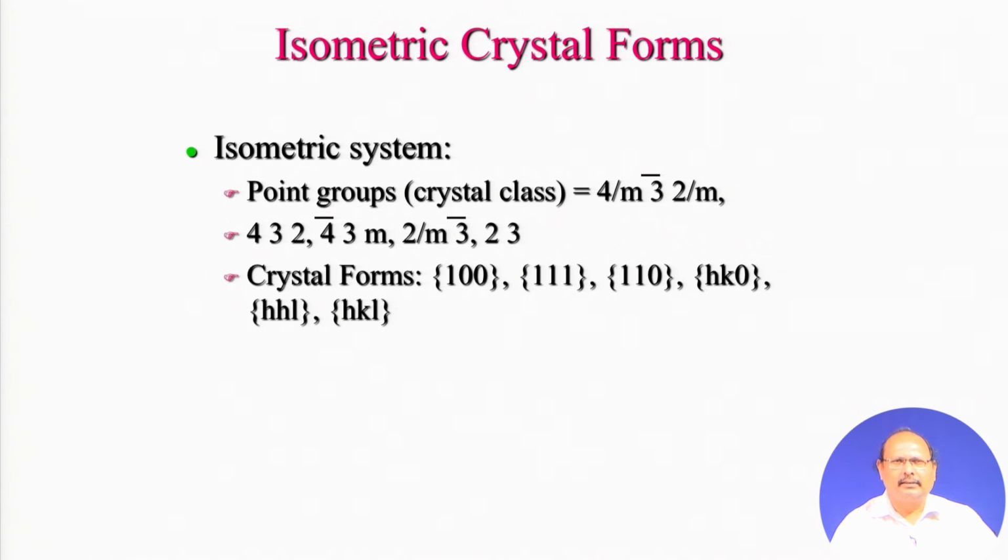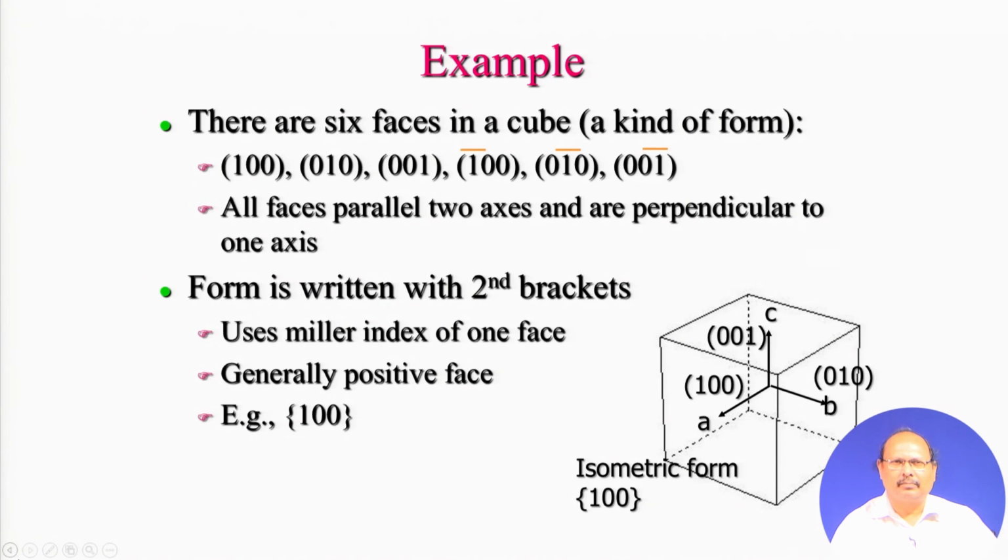And there are 6 varieties of crystal forms possible, and their general symbols are 100, 111, 110, HK0, HHL and HKL. We will study each form symbol and see what the names of these crystal forms are and how many crystal faces are related to each other in each crystal form.